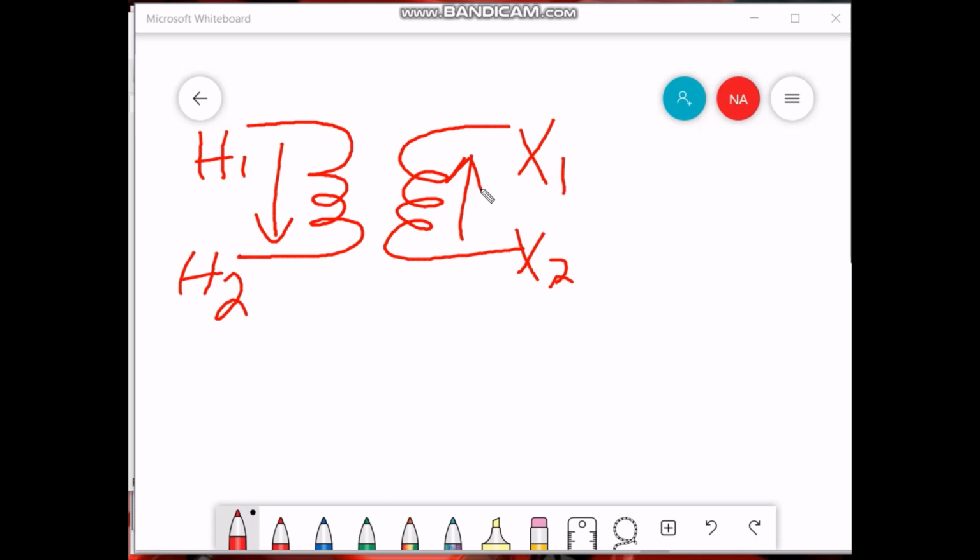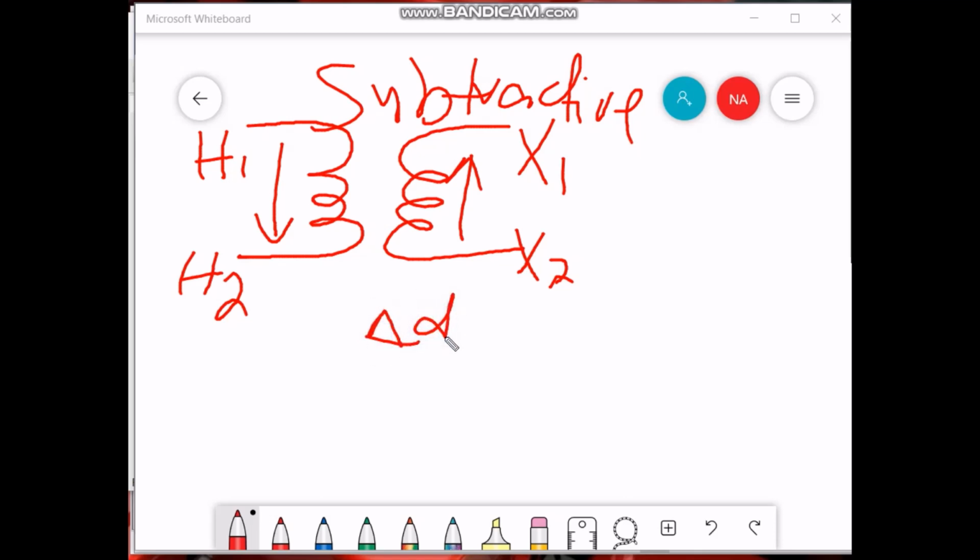In the subtractive polarity, the polarities are always opposite to each other, so that there is a subtraction of voltages. So this is how subtractive polarity looks like. On the other hand, the additive polarity is something like this.